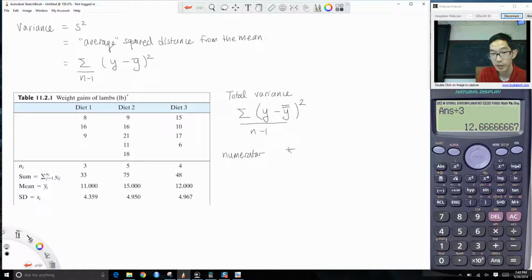Taking each point and subtracting off the grand mean, this is just going to be called the sum of squares. And this will be the sum of squares if we do this for all 12 points. This could be called sum of squares total, for basically all 12 data points.